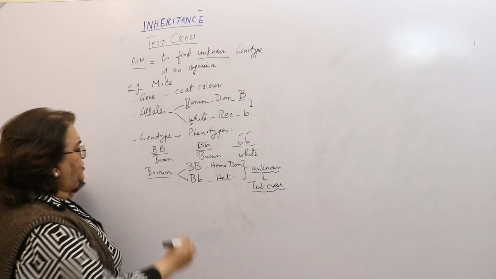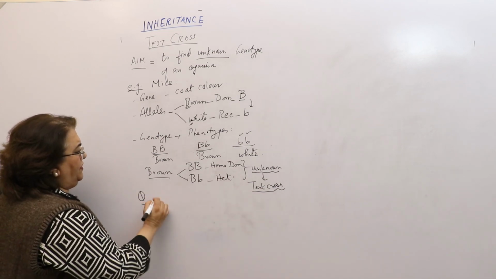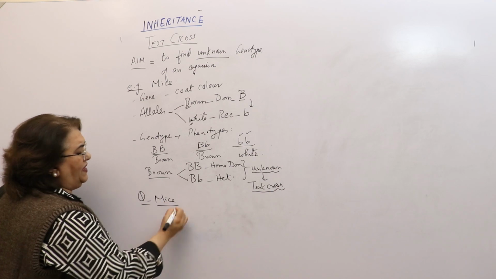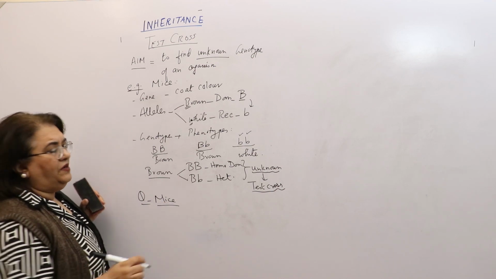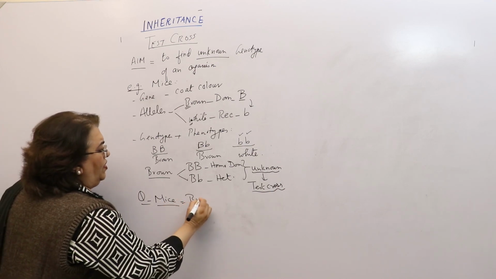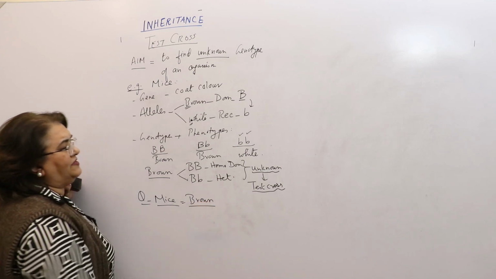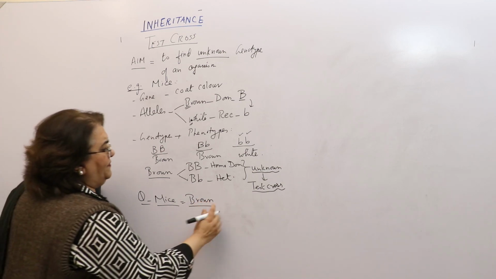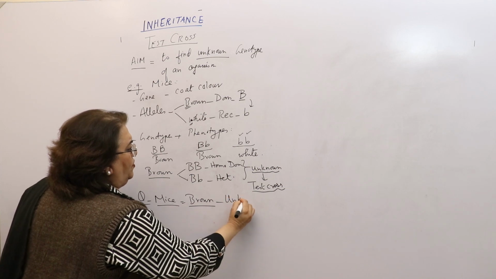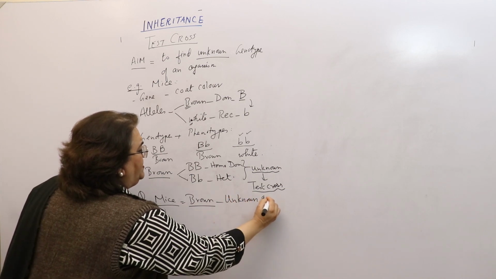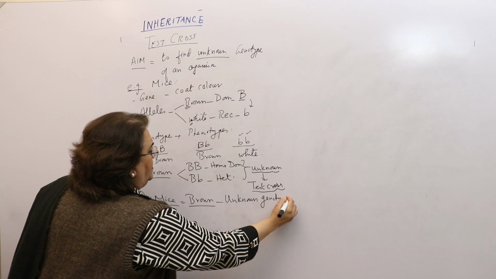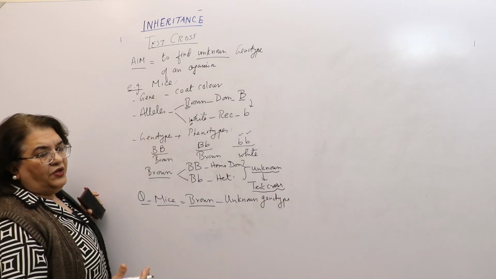Now, let's start again. The question is that there is a mouse showing the dominant phenotype, the brown color, but the genotype is unknown, even though it's showing the dominant trait. So what does that mean?